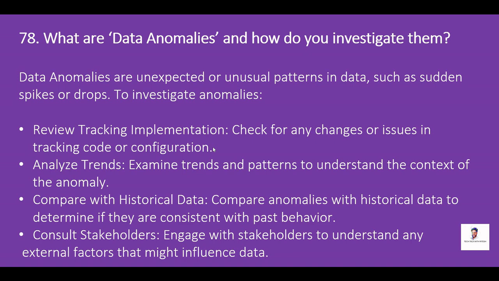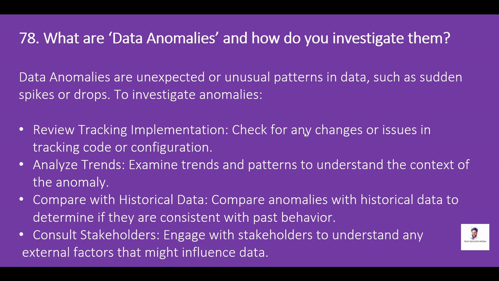And we must have noticed that these things come up whether there are best practices involved or we are trying to debug the issue, whether it's an anomaly or a normal issue of why the data is not being captured. These are the standard. So we check, we review the tracking implementation, and we compare it with the previous configuration if we have changed the configuration.